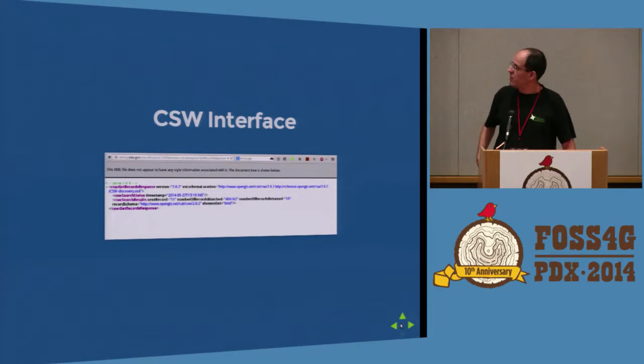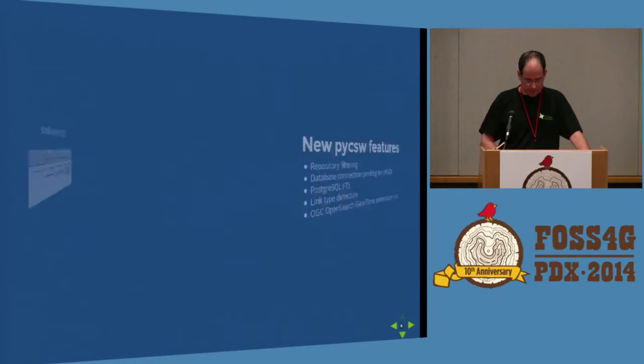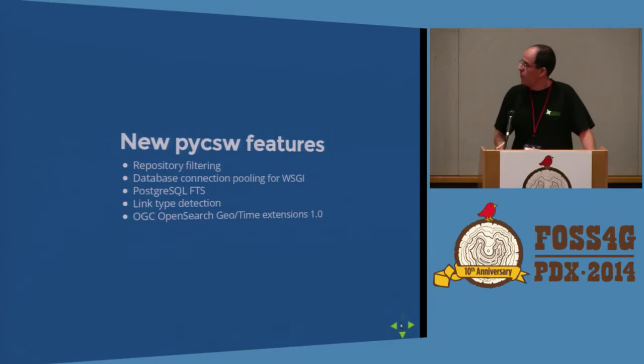So this is the CSW interface, which was implemented directly into the CKAN deployment. Here we see something more than 400,000 records within the CSW endpoint. So what are the features that we implemented?